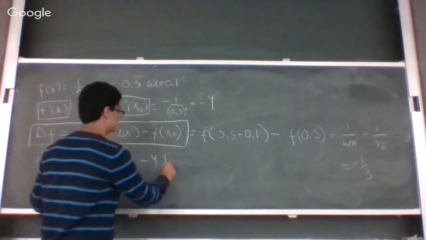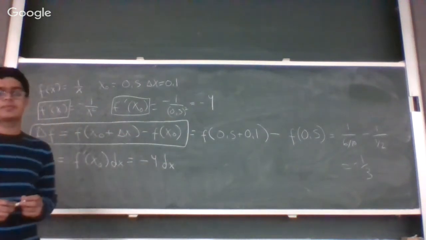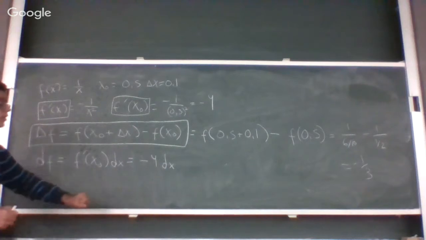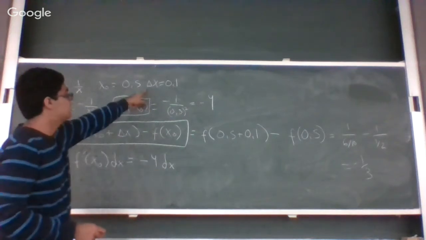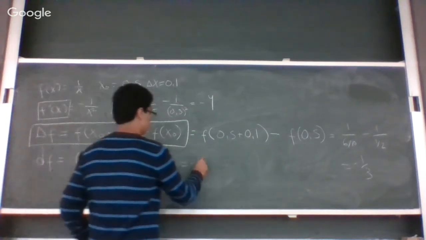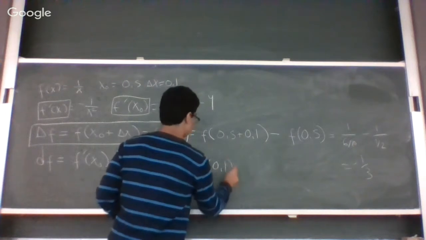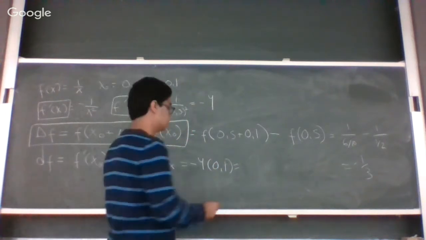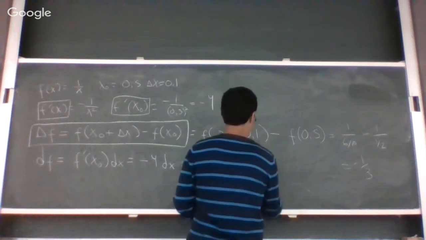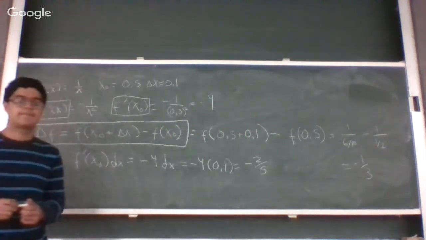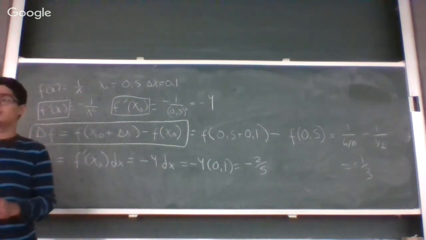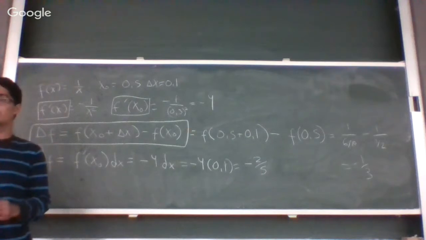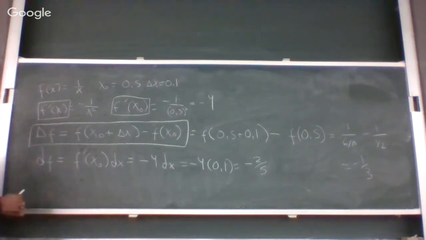So we just multiply dx with it. And we know dx, that's change in x. So it's negative 4 times 0.1. So we get negative 0.4 or negative 2/5. Are we all clear on that? Whatever the delta x is, that's what we'll always plug in for dx.